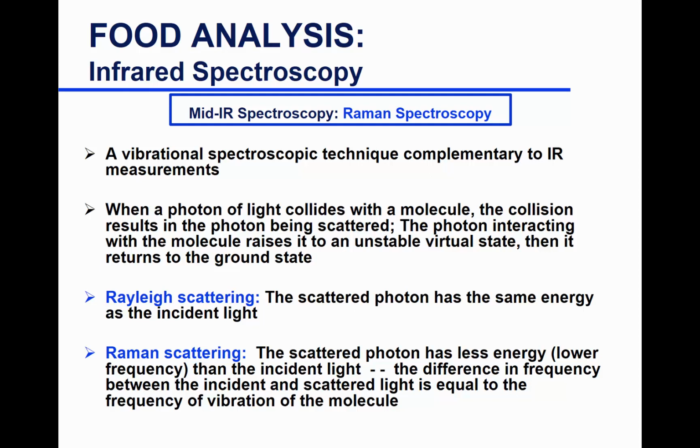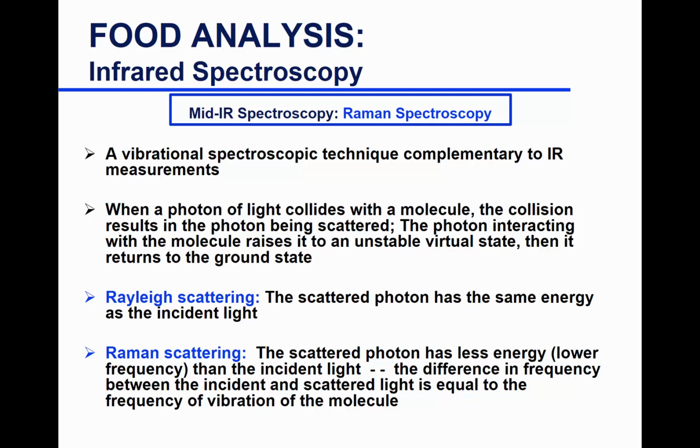In Rayleigh scattering, the scattered photon has the same energy as the incident light. When light hits your sample, the sample vibrates and then releases energy, the same energy in this case as the incident beam.